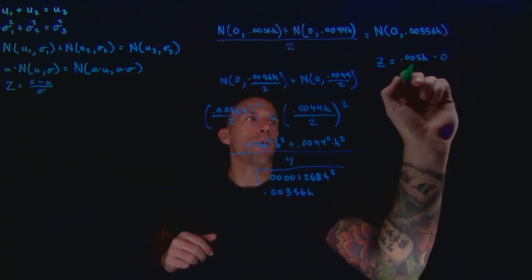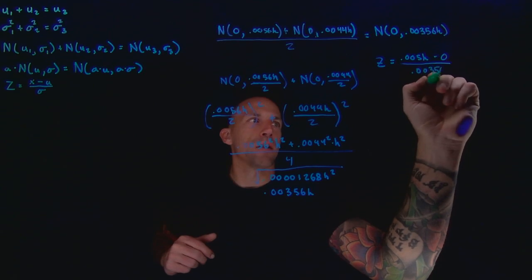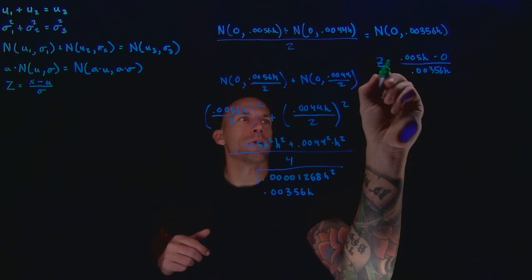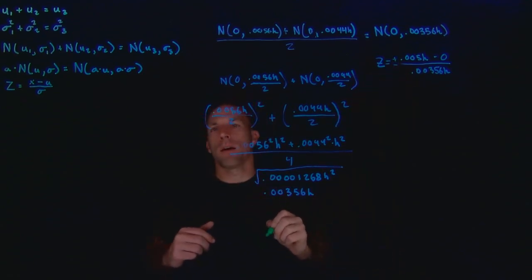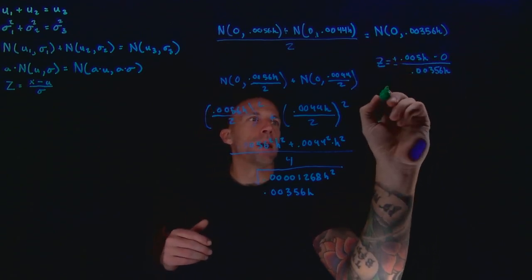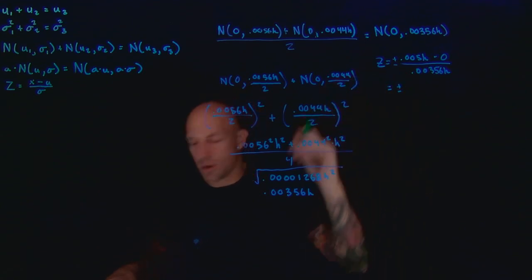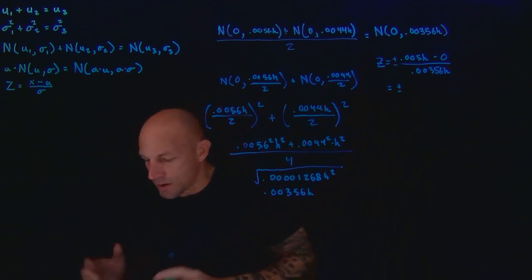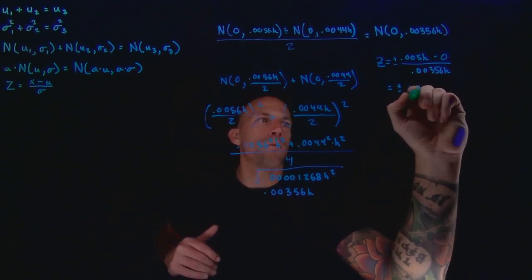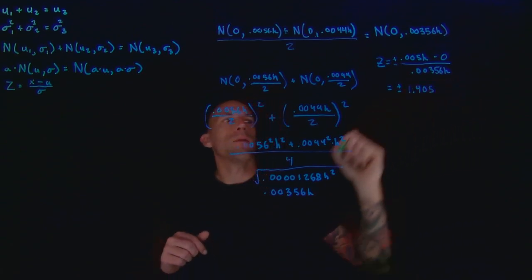We're going to subtract off the mean of 0, and then divide by the standard error. And we have two possibilities, both positive and negative, because it's within that range. The math comes out very easily here. Minus 0 does nothing, and the h's are going to cancel. So really what you have is 0.005 divided by 0.00356, which is plus or minus 1.40, and maybe you could round that to a 5 on the end there.